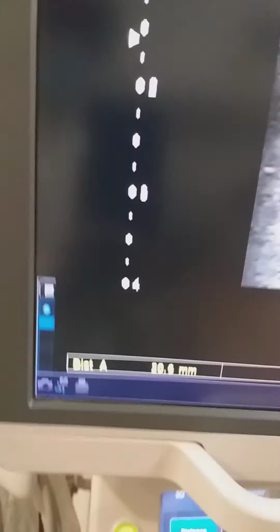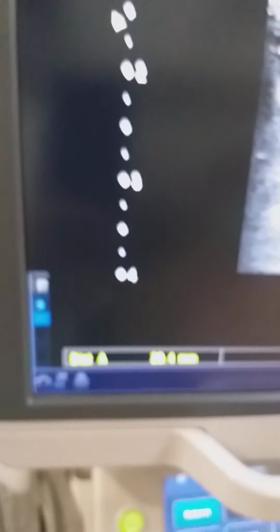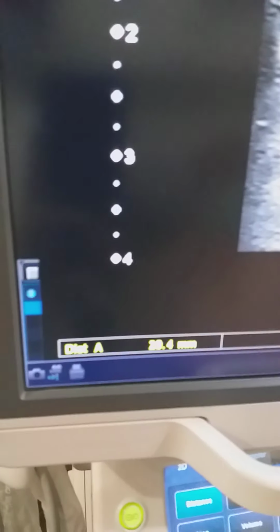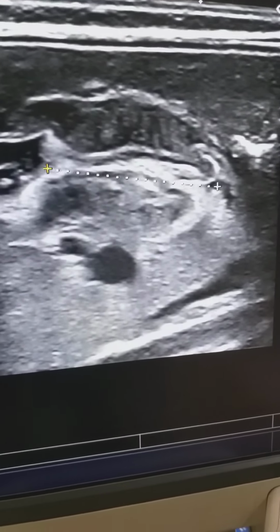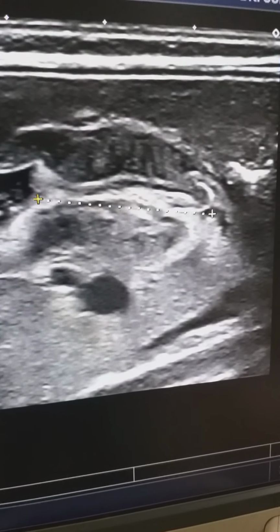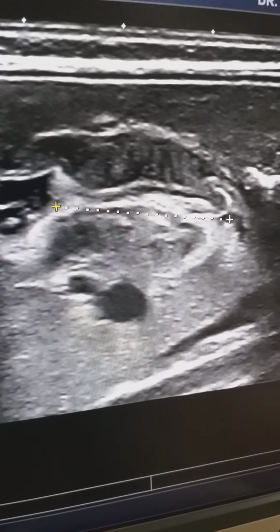this is almost, you can see here, almost 20 millimeter, while the normal is less than 16 or 17 millimeter.